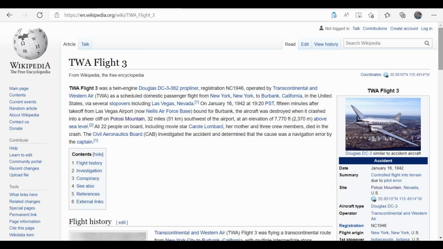All 22 people on board, including movie star Carole Lombard, her mother, and 3 crew members died in the crash. The Civil Aeronautics Board investigated the accident and determined that the cause was a navigation error by the captain.